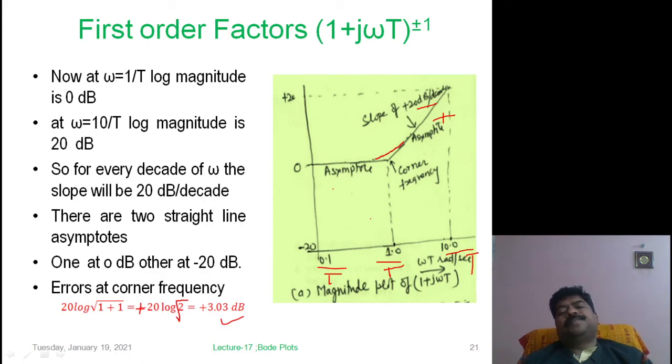So this is the Bode magnitude plot for the first order factor if this factor lies in the numerator.